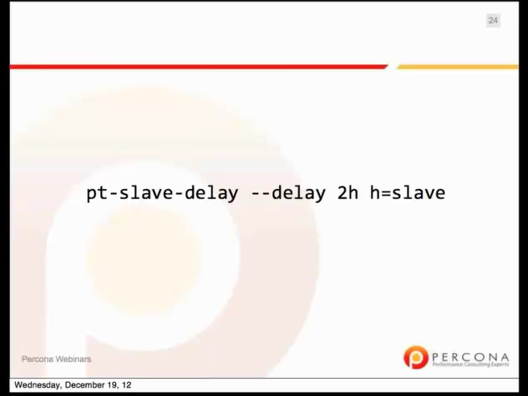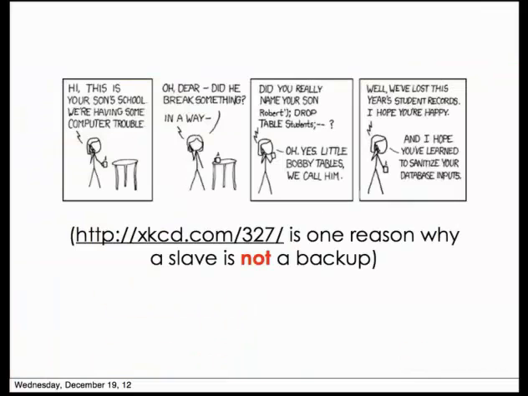Now what pt-slave-delay does is it uses the feature from MySQL replication, START SLAVE UNTIL, and so it basically stops and starts the slave thread on the delayed slave and keeps it approximately, it's not exact, at the amount of delay that you're specifying. So for example, in the previous case, somebody does some SQL injection trick on you and drops a table.